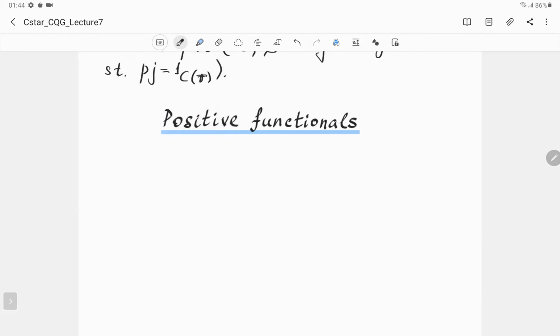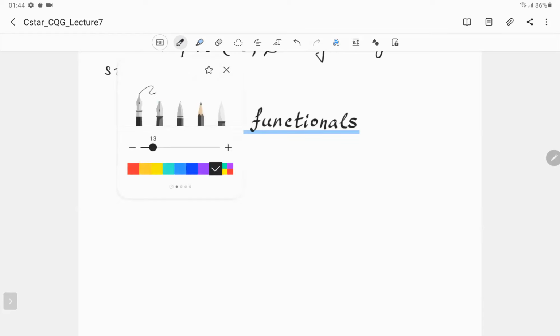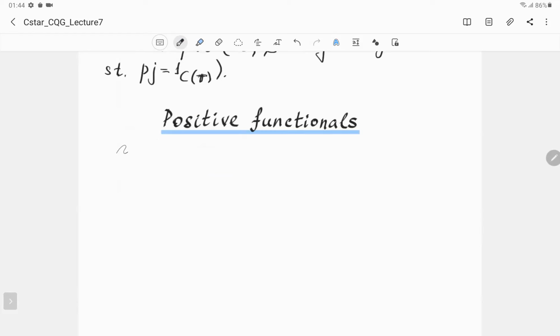From our point of view, positive functionals will be important because they will enable us to construct representations of C-star algebras. So we start with the following purely algebraic definition. Suppose that A is a star algebra and F is a linear functional on A.